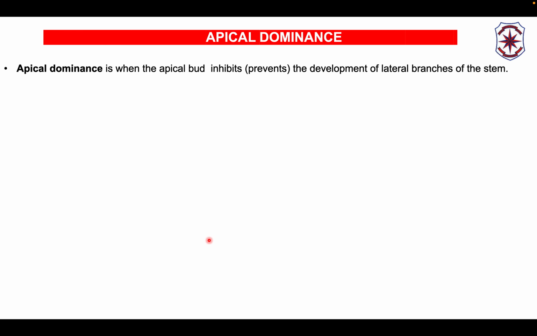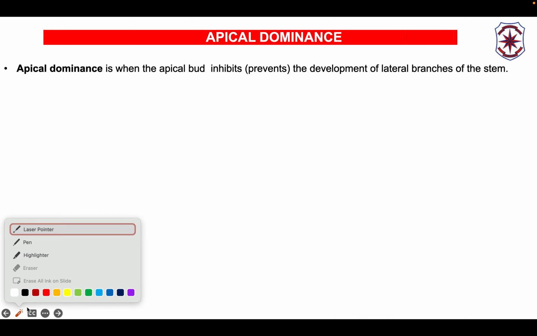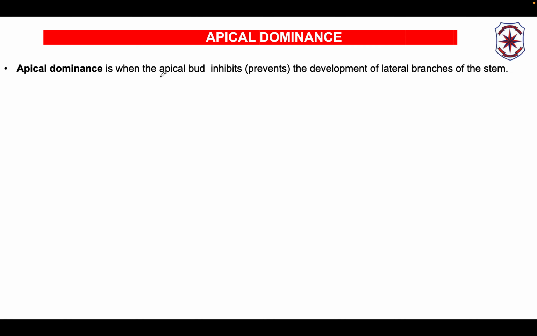So let's talk about this apical dominance. Apical dominance is when the apical bud inhibits, the word inhibit means prevents, the development of lateral branches of the stem.